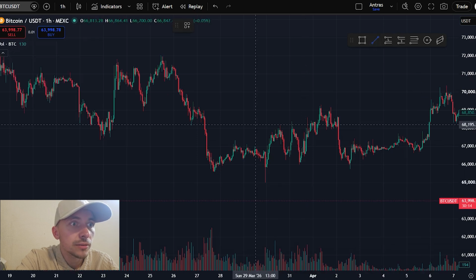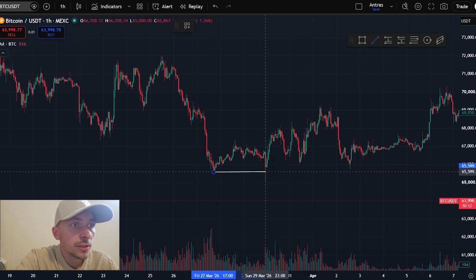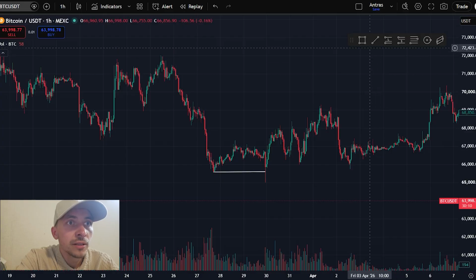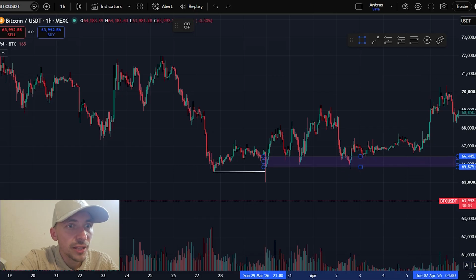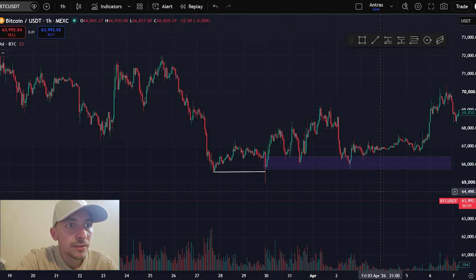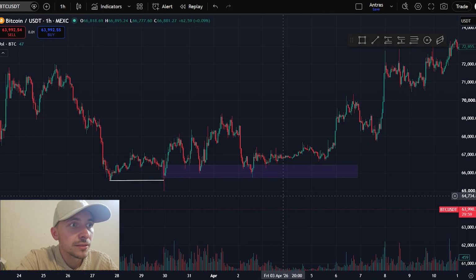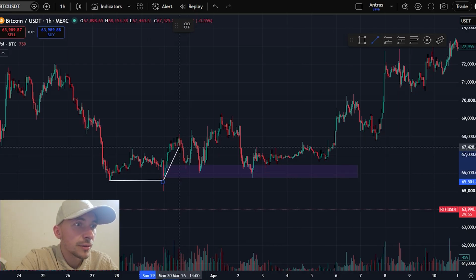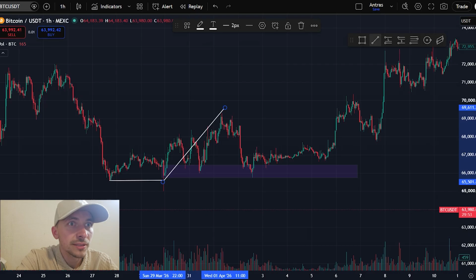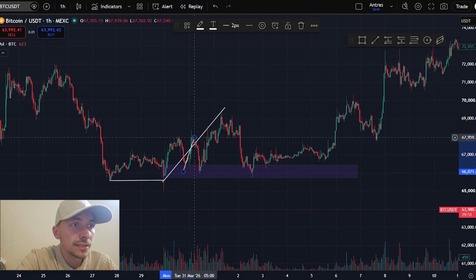okay. Here, as you can see, a manipulation, but this is not the topic. Here we have maybe a huge demand zone. Here, look, the price created the demand zone from here, and it bounced several times, testing it.